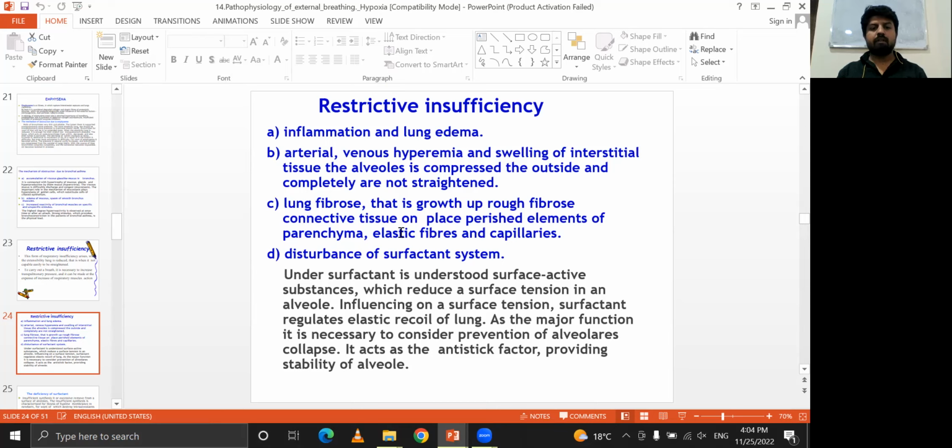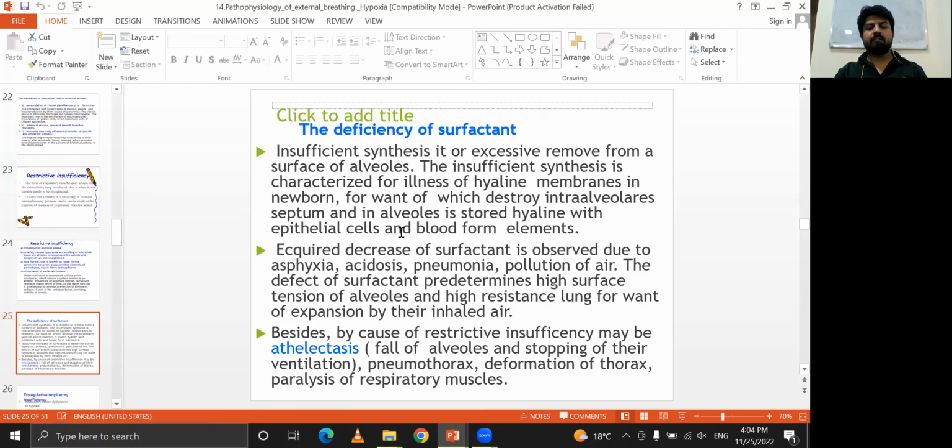Lung fibrosis is a growth of fibrous connective tissue in place of the perished elements of the parenchyma, elastic fibers, and capillaries, and a disturbance of the surfactant system. The deficiency of surfactant includes insufficient synthesis or excessive removal from the surface of the alveoli, characterized by illness such as hyaline membrane disease.